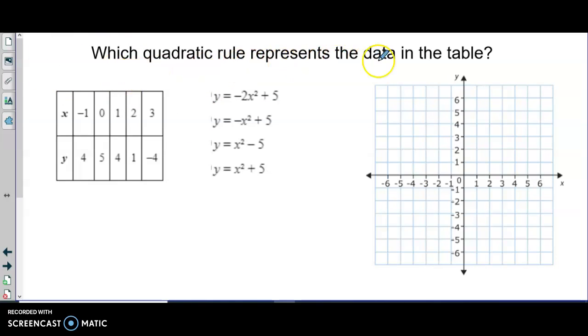Which quadratic rule represents the data in the table? So if we're trying to pick out which one represents the data in the table, my first reaction was to plot the points. So at -1, 4, 0, 5, 1, 4, 2, 1, and 3, -4.